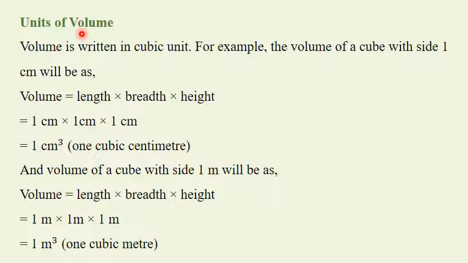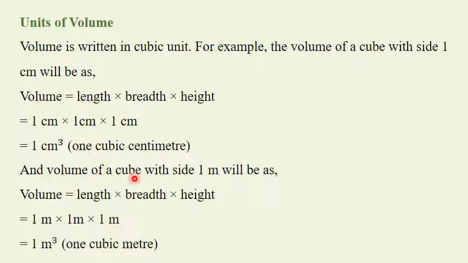Unit of the volume. Volume is written in cubic unit. For example, the volume of a cube with side 1 centimeter will be, as volume is equal to length into breadth into height. So, as we know that in a cube all the sides are equal, so 1 centimeter into 1 centimeter into 1 centimeter, that will be equal to 1 cubic centimeter.